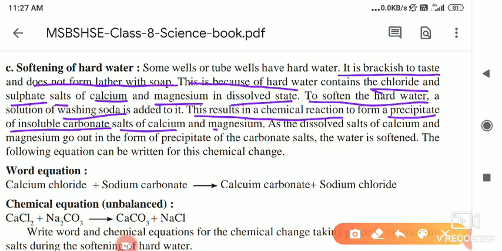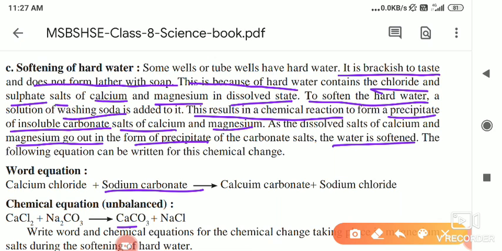The calcium and magnesium salts go out in the form of a precipitate of carbonate salts, which combine with the sodium carbonate and form the precipitate, and it will flow away. The foam is formed when we add soap to it, and the water is softened.